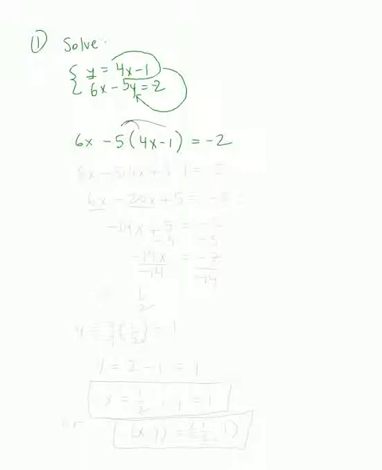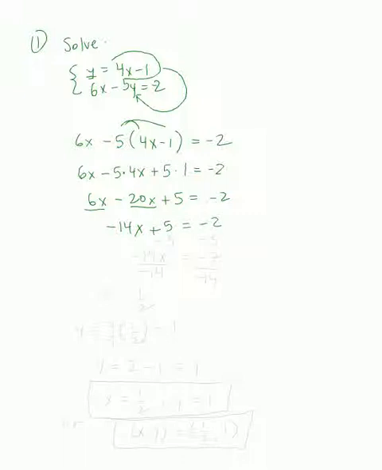From here I simplify, so distribute that. I get 6x minus 5 times 4x plus 5 times 1, or 6x minus 20x plus 5 equals negative 2. And combine my like terms, I get negative 14x plus 5 equals negative 2.